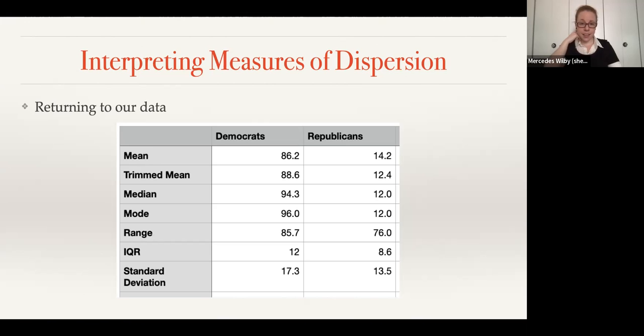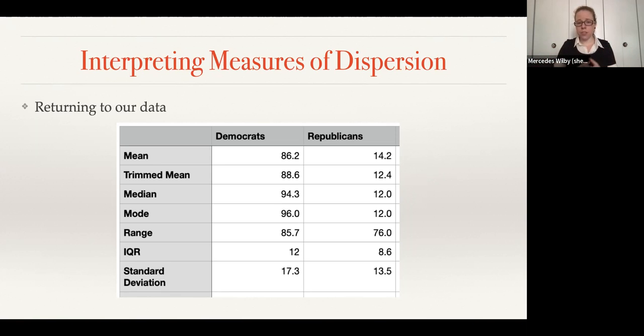And we can see that the Democrats have a wider range than the Republicans. Just like I was saying when we were starting to interpret central tendency, those measures of central tendency not aligning indicates there's probably going to be a lot of spread. And we now see that for sure. The range is nearly 10 points wider, right?